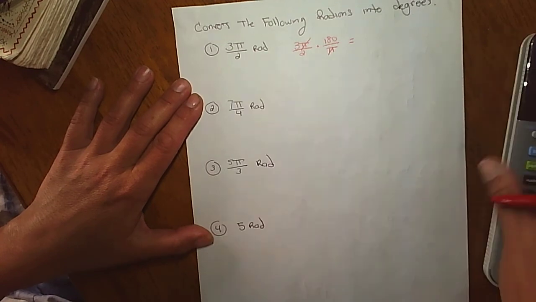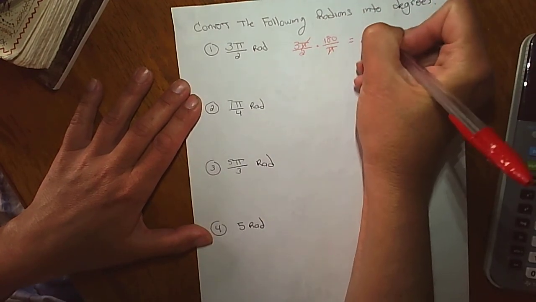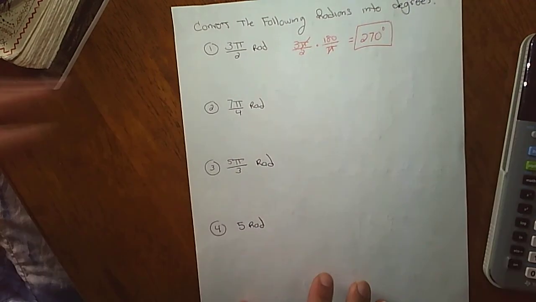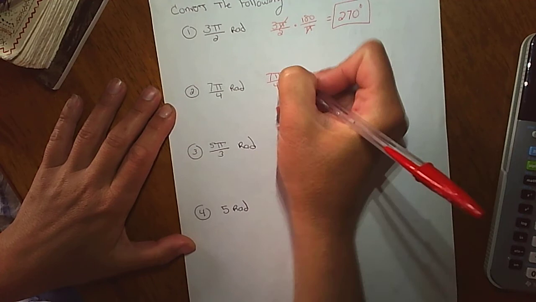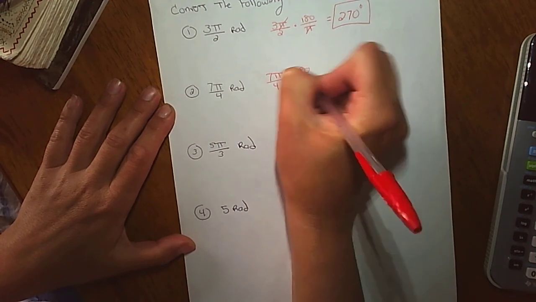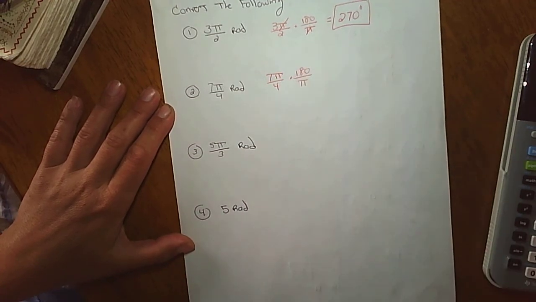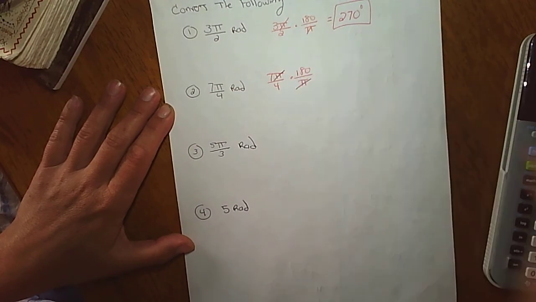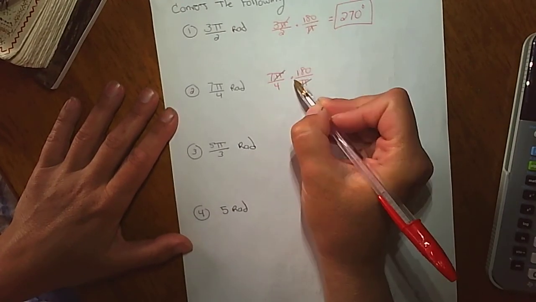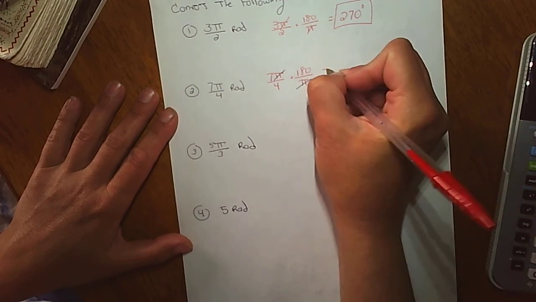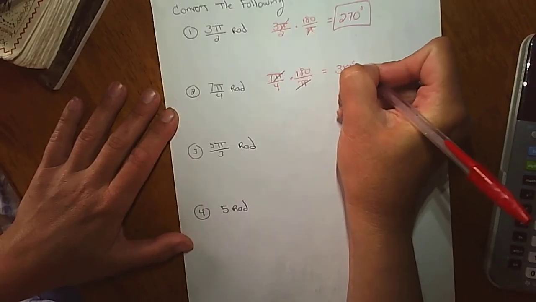And I'm getting 270 degrees. I'm going to do 7 pi over 4 times 180 over pi. Again, if you do it right, the pi's cancel for these. Now, in your calculator, do 7 over 4 times 180. This one should be 315 degrees.